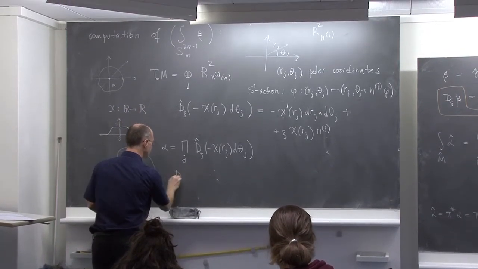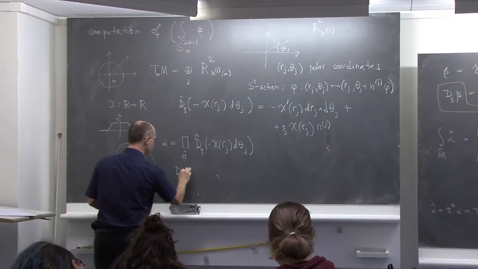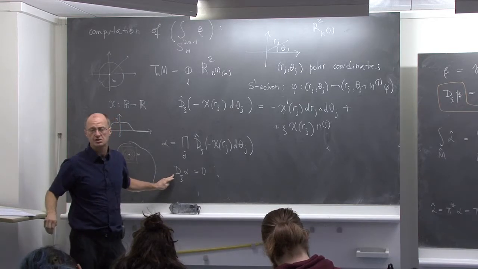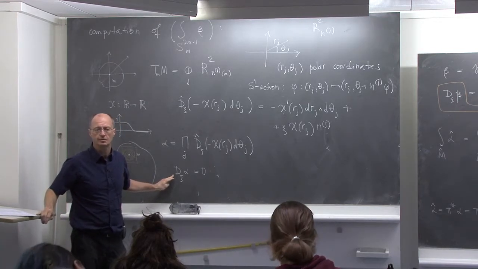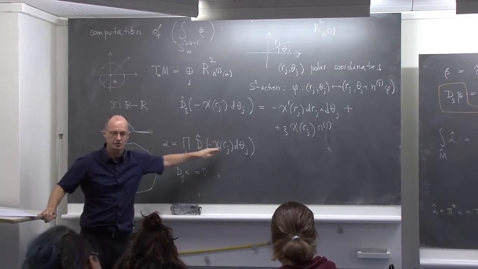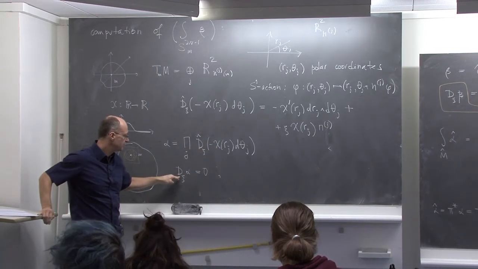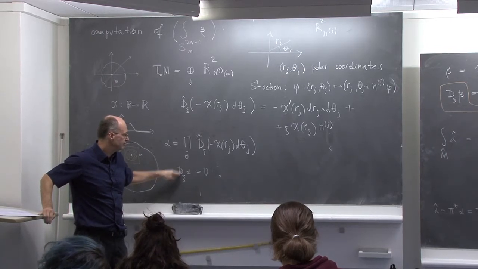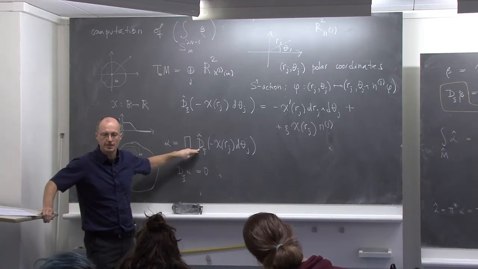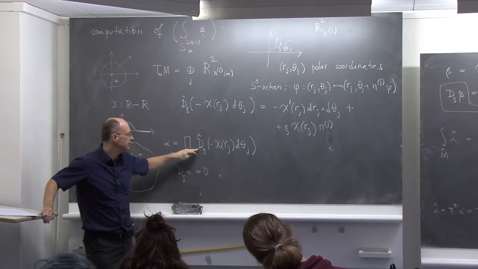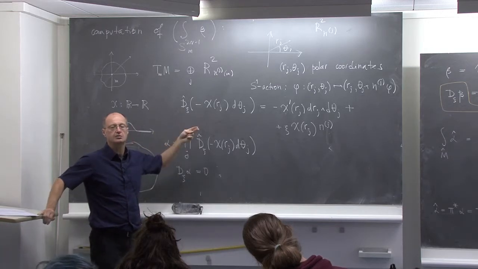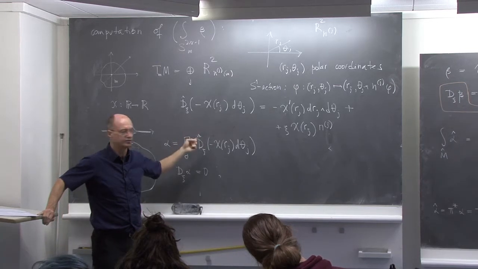Now, a simple exercise is to prove that d_psi alpha is actually equal to 0. Let's discuss why this is true. This is a product of d_psi's of something. When we take d_psi of alpha, this d_psi would hit one of those d_psi's. So we get d_psi square. d_psi square is not necessarily equal to 0, but this is a Lie derivative for the fundamental vector field.